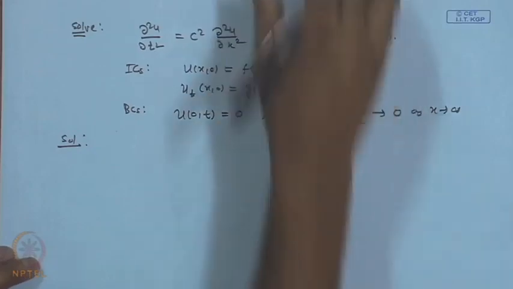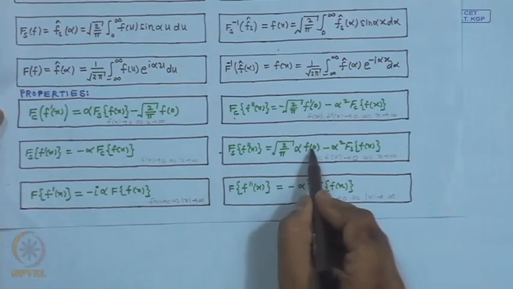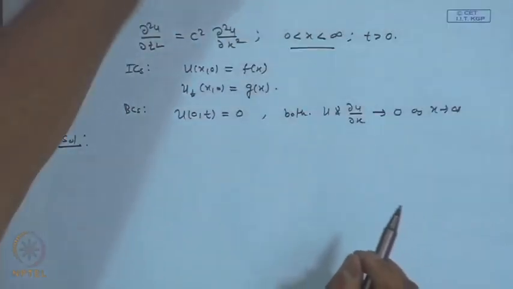So, now since the value of u is given at 0, as per the formula we will apply the sine transform, because this function value is given at 0.